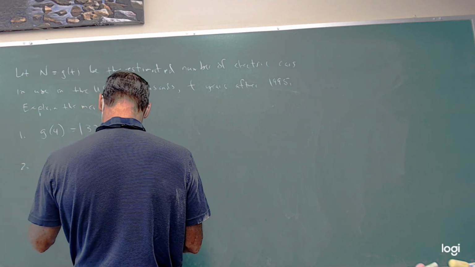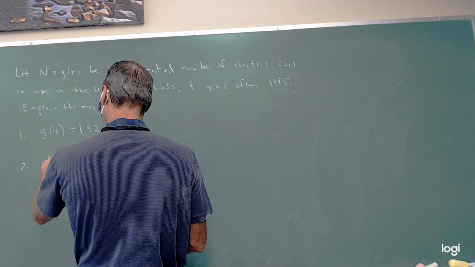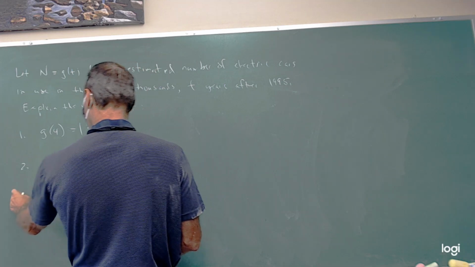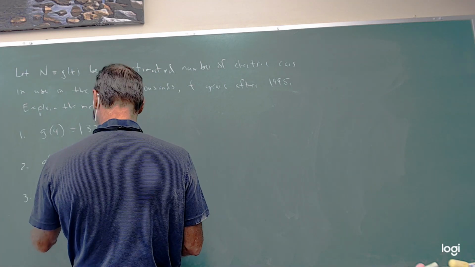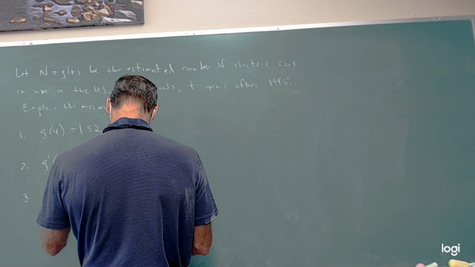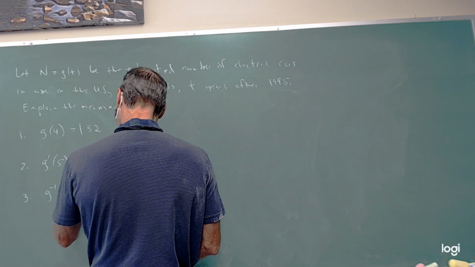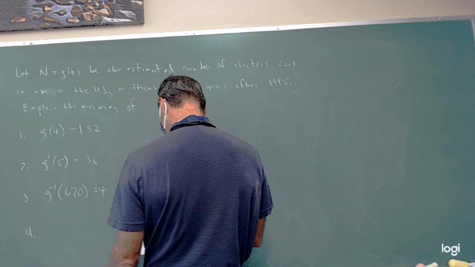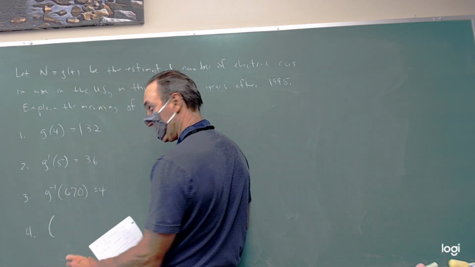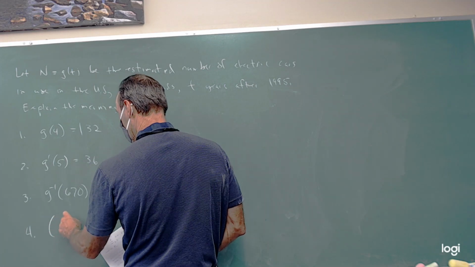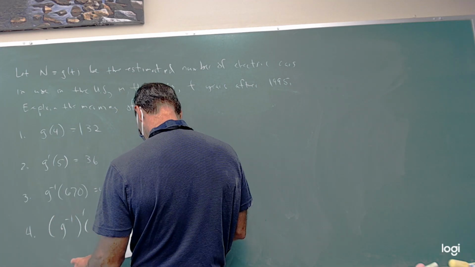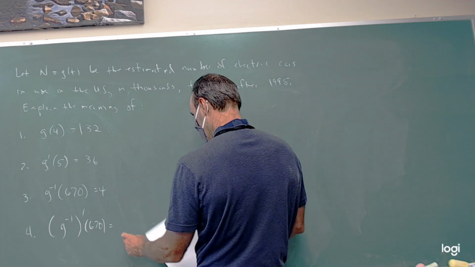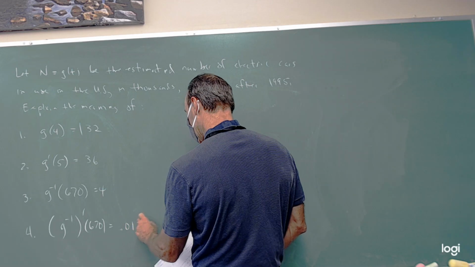Second one is going to be G prime of 5 is equal to 36. Third one is going to be G inverse of 670 is equal to 4. Then you might get some PTSD from those, and this one from last year. And you thought that was tough. Now we're going to have, catch this, G inverse prime of 670 is equal to 0.0137.